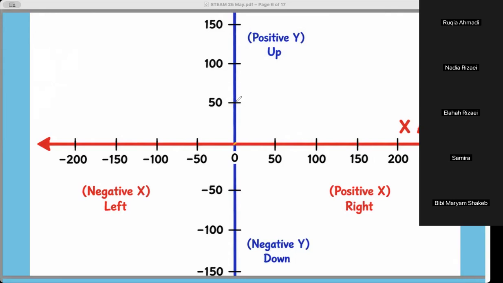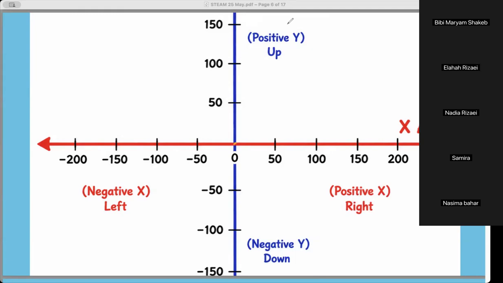Now, coordinates are two numbers that help us find where our sprite is. Coordinates will tell you there are two numbers, okay? One will be x, one will be y. With the help of those two numbers, you will know where the sprite, the character, is. To know the position of the character, you do need to understand those values.